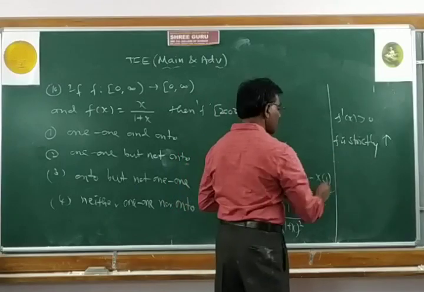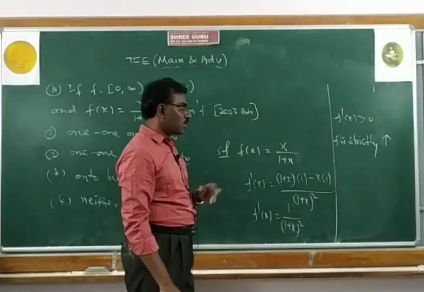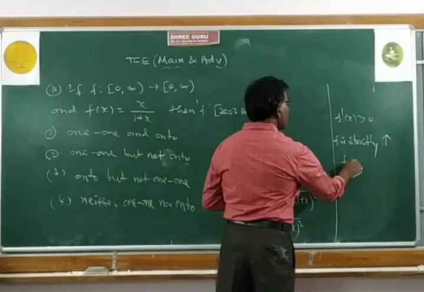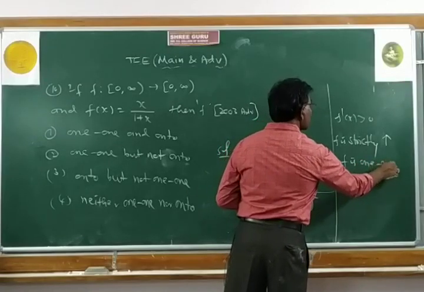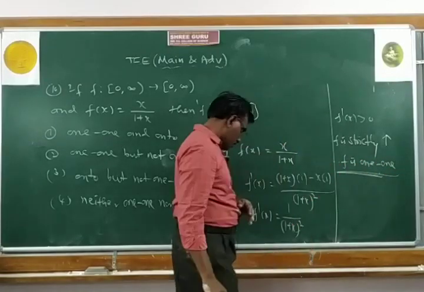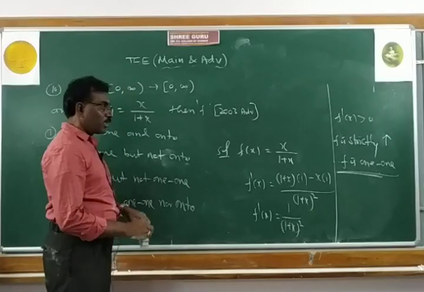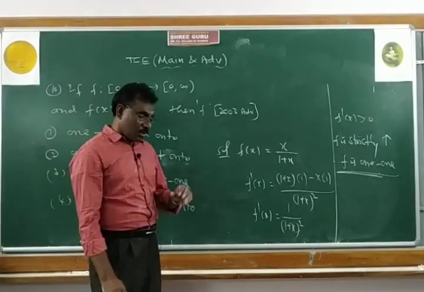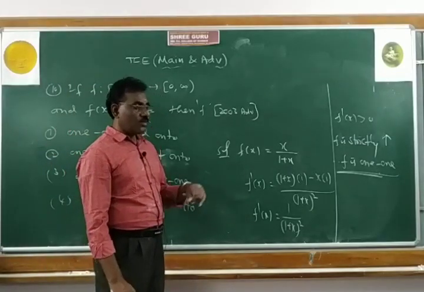Therefore, when function f is strictly increasing or decreasing, f is one-one. This is very important. So which method? The derivative method, for solving one-one and onto.